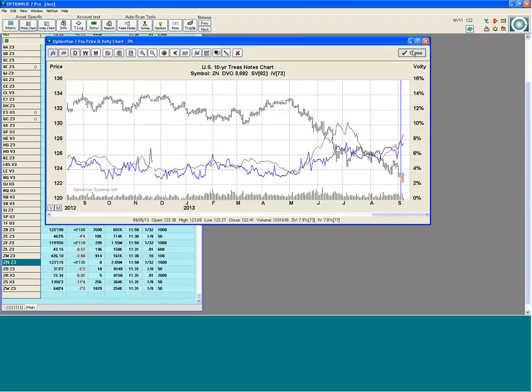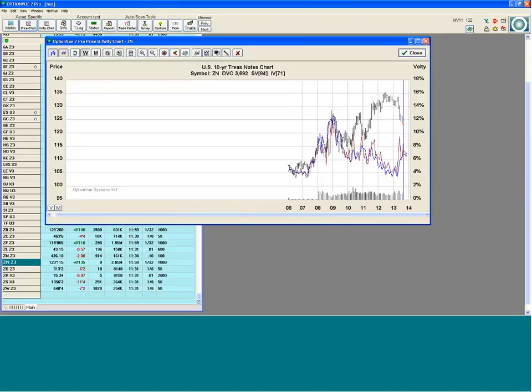10-year notes are a very interesting market to trade because look at what the blue implied volatility line has done. It's right near the high end of the range. And even when you look at the weekly or the monthly, look at how high we've seen implied volatility move. It was way down only 3.4% at the end of April.